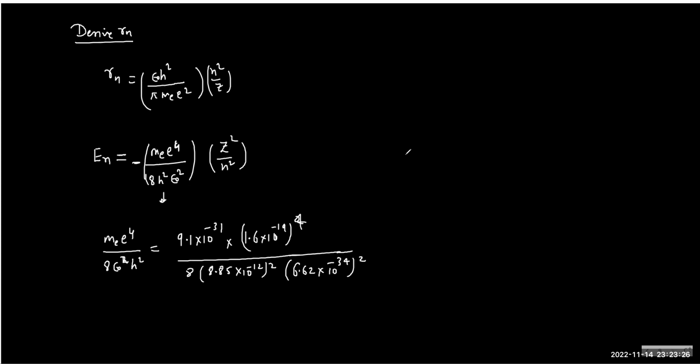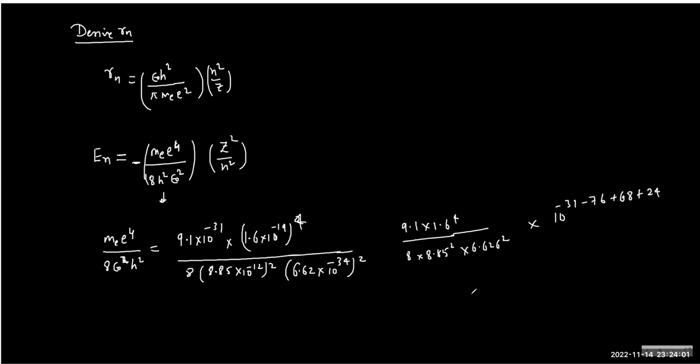Who will do this calculation quickly? Take the values together: 9.1, 1.6 power 4, 8 into 8.85 whole square, 6.626 whole square. And take the power separately. So it's 31 minus how much? 76, plus 68, plus 24. That's 24. Okay, very good.